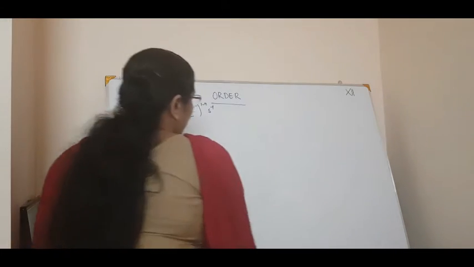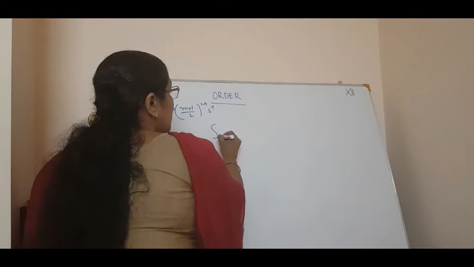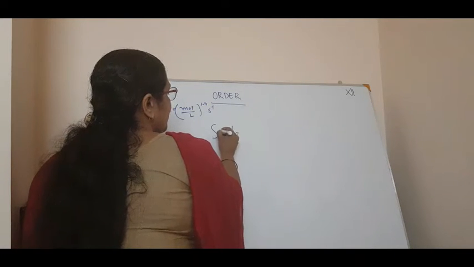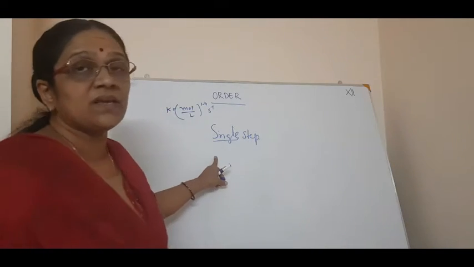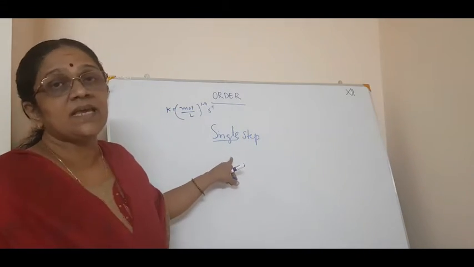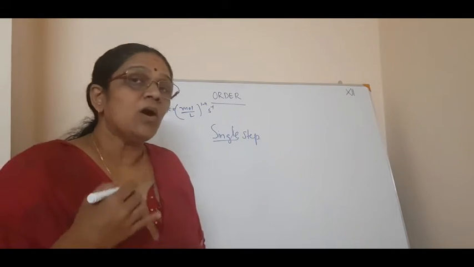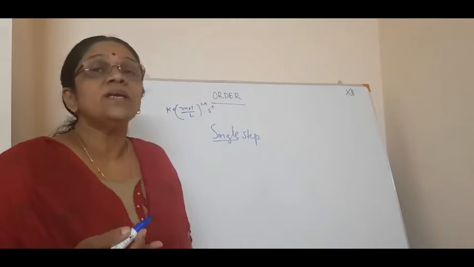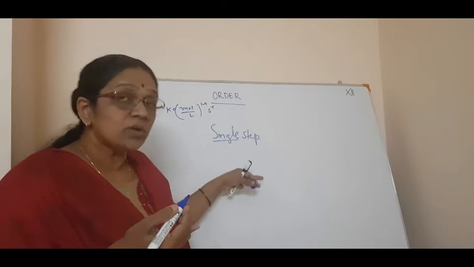An elementary reaction is a reaction which takes place in a single step. Now what is a complex reaction? A complex reaction is nothing but a reaction happening in more than one step.